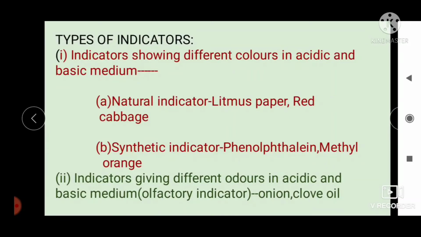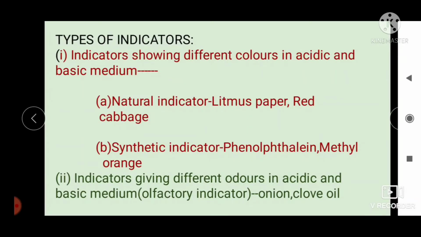It is made into blue litmus and red litmus for the sake of convenience in detecting color change when an acid or base is added to it. Phenolphthalein and methyl orange are synthetic indicators.